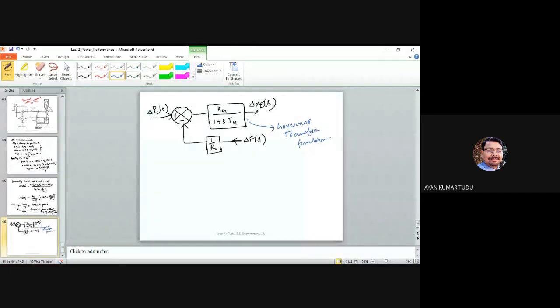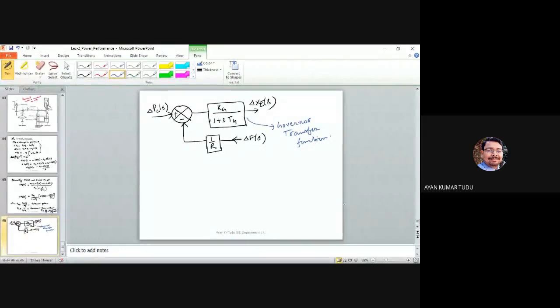Please remember, first of all we have this load frequency controller which is controlling the entry of steam into the turbine. So the next in line should be the turbine. The turbine is represented by a single transfer function.